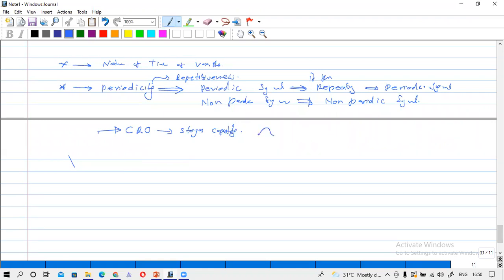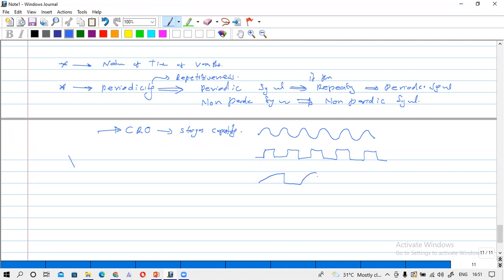like this, using the CRO. Maybe some square wave like this, and maybe some transient signal like this.